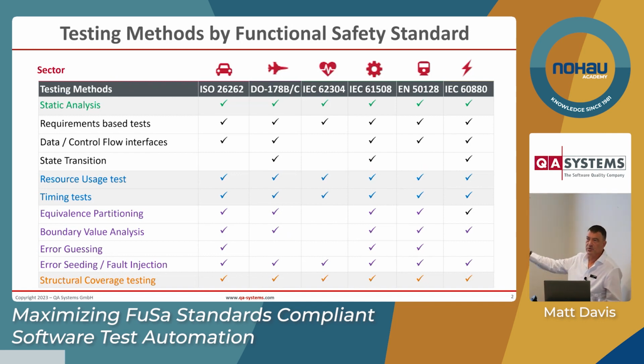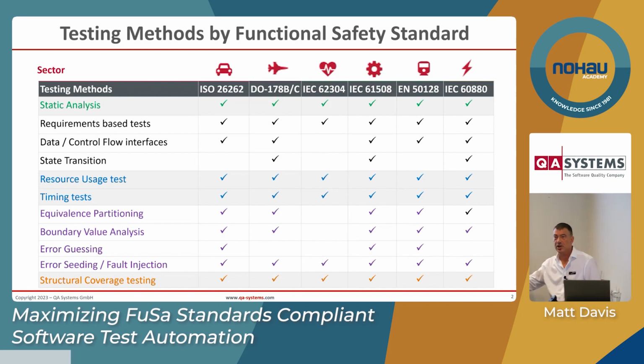The ones in purple are the types of robustness testing, utilizing boundary value analysis, error guessing, error seeding, error injection, these types of things. And then structural code coverage applies across all standards, but changes according to the safety integrity level. So the higher the integrity level, the more detailed the structural coverage you need to obtain. The most important fact about structural coverage is 100%.